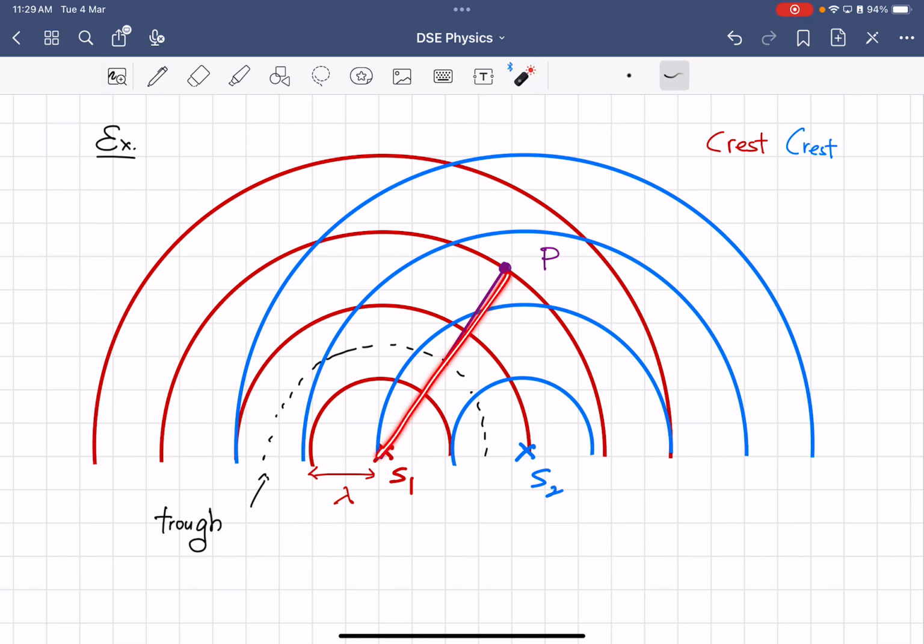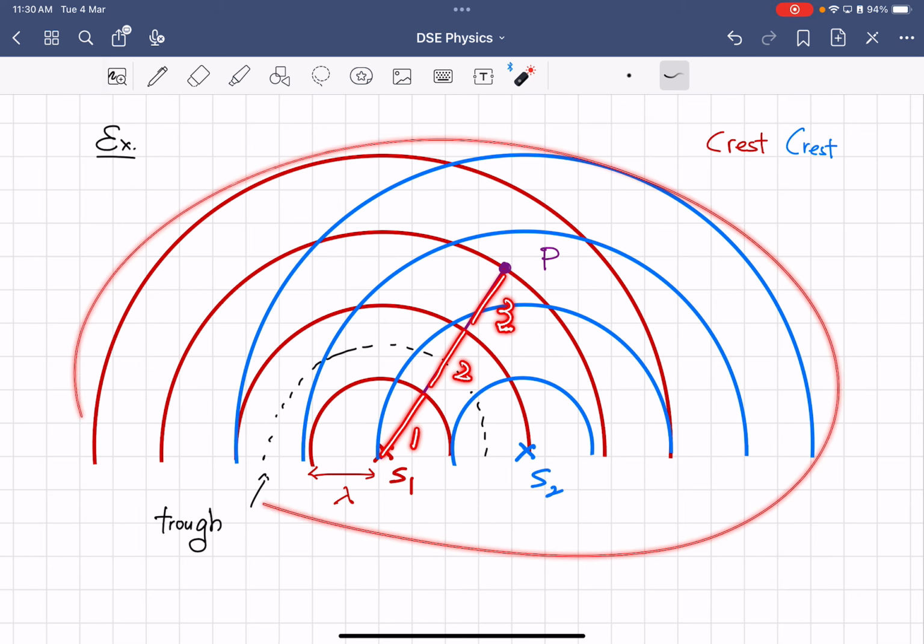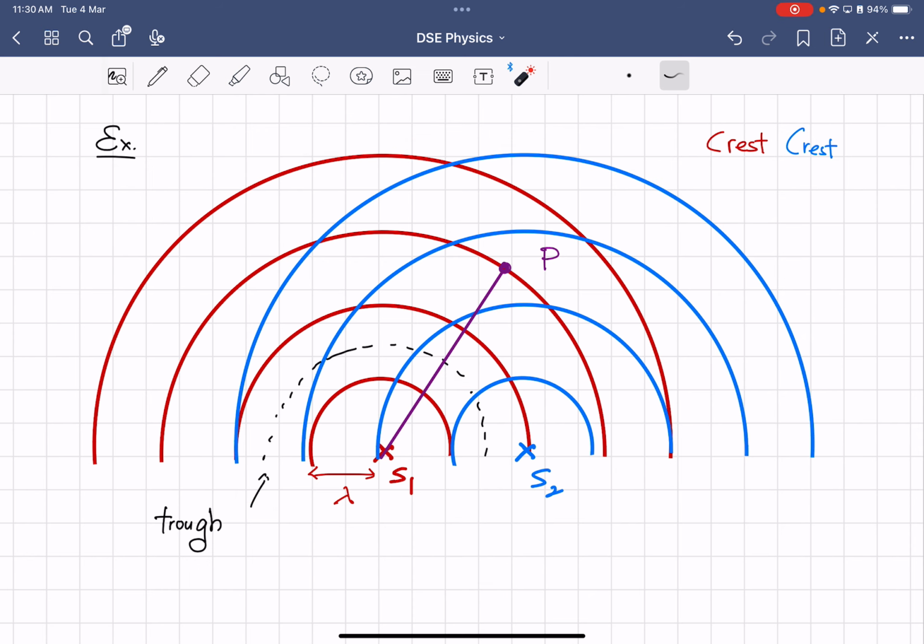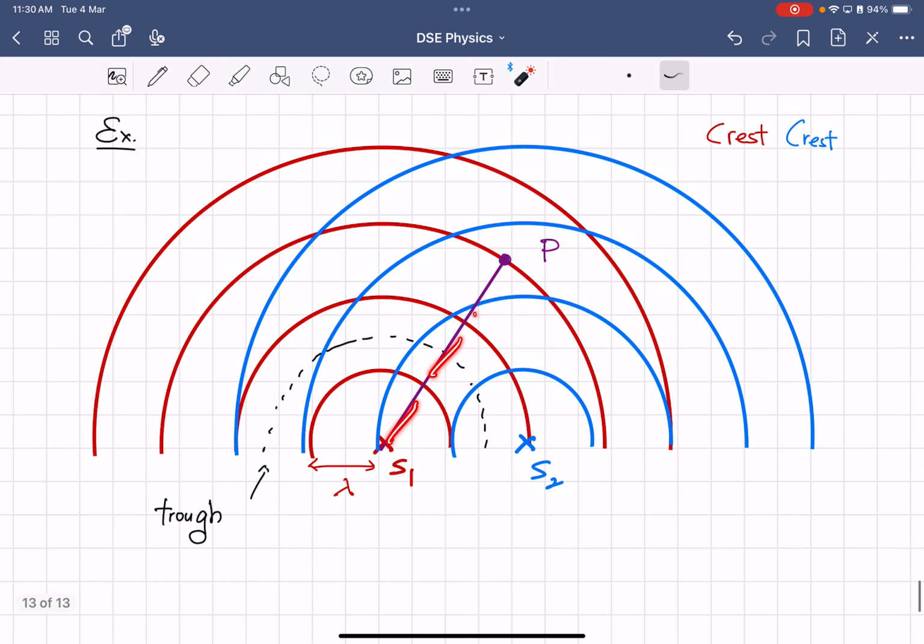From S1 to P, I have traveled 1 wavelength, 2 wavelengths, and 3 wavelengths. So in this case, I do not need to find the path difference in meters and then convert into wavelengths, because this diagram is already in the unit of wavelength. So 1, 2, 3.